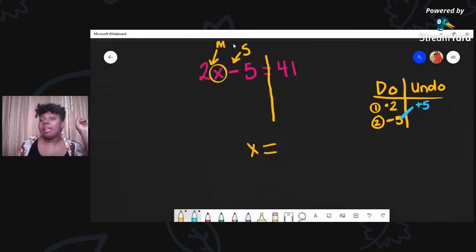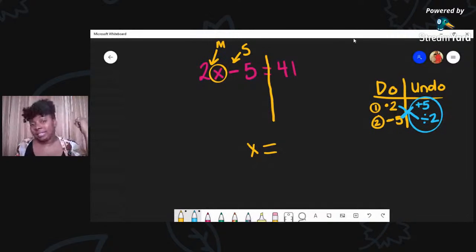The first thing I did was multiply by 2. So to undo that, I'm going to divide by 2. Okay, and now we have our 2 steps. This is called a 2-step equation because it's going to take me 2 steps to solve it.